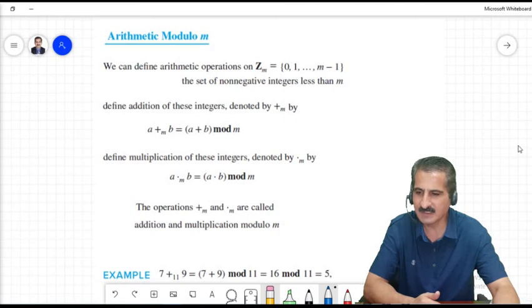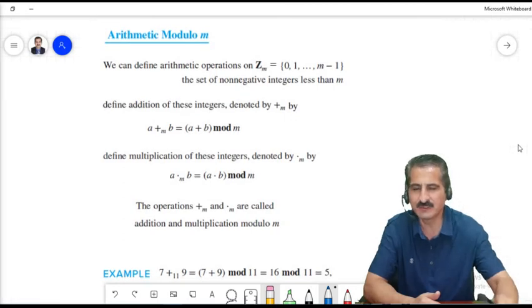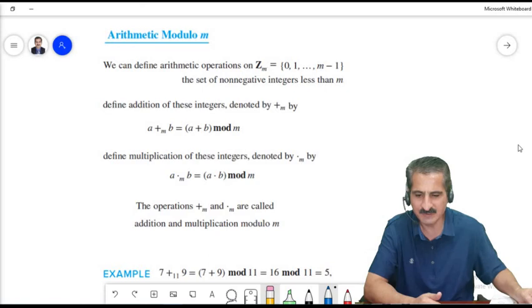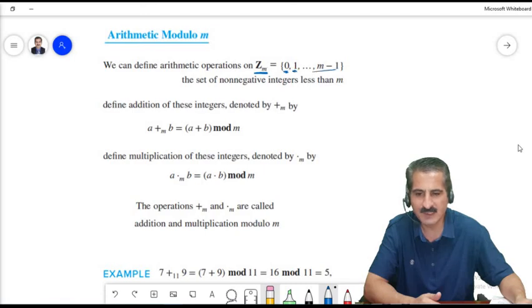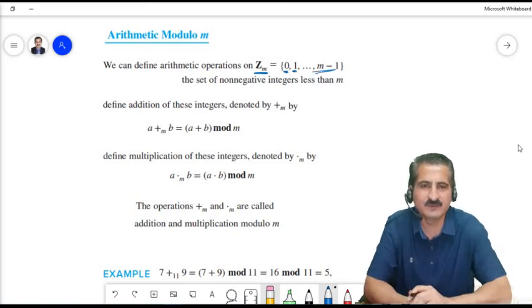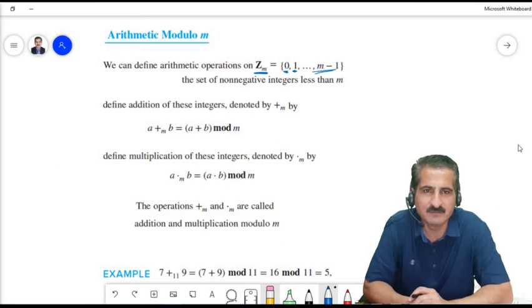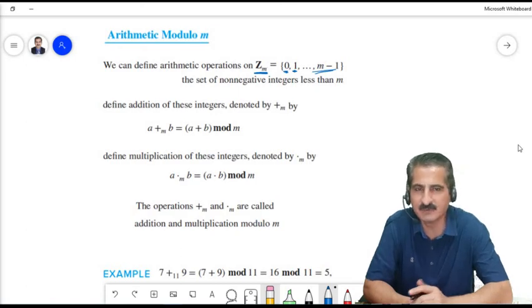And at the end, we will mention now arithmetic modulo n. We will see these notations later. What we mean by this set, Z sub m, is all the integers from 0 to m minus 1. And there is a reason to choose that. If you take any integer, negative or positive, big or small, divided by m, then the remainder shall be between 0 and m, but not equal to m.